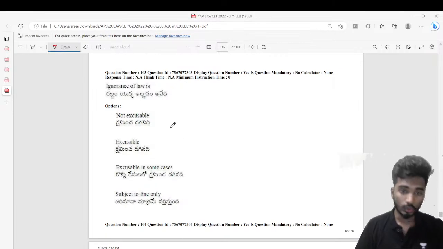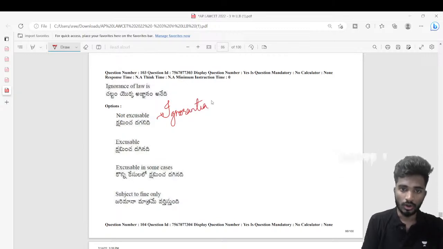I also told you the reason why it is not excusable, right? So ignorance of law is not an excuse. We have a very important legal maxim known as ignorantia juris non excusat.